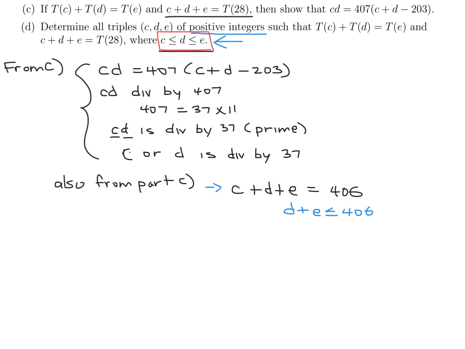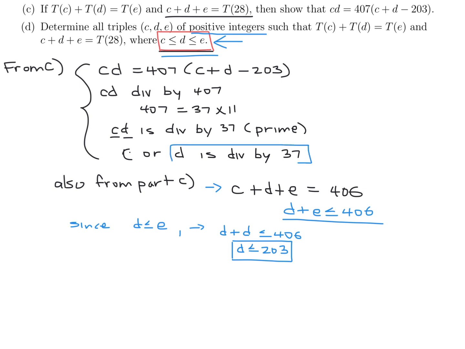So I guess now we have to make some conclusions that since D is less than or equal to E, according to that inequality, that means that D plus D has got to be less than or equal to 406. So that means that D is going to be less than or equal to 203. So those two points are what we're going to use to try to figure this out.